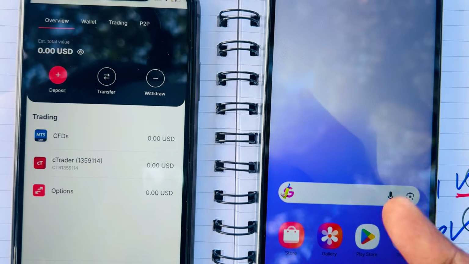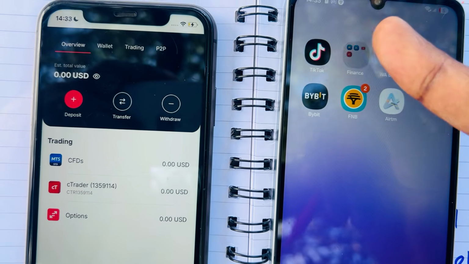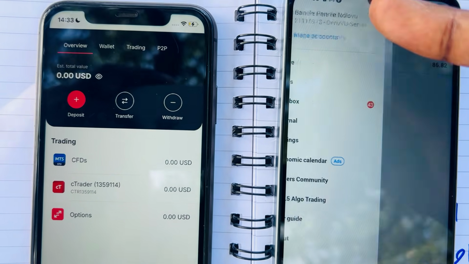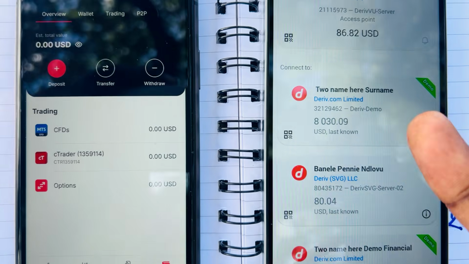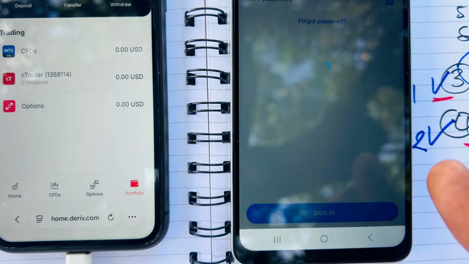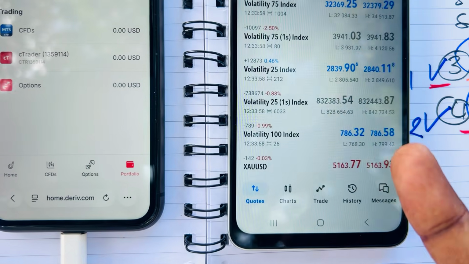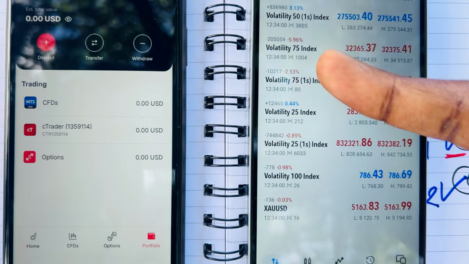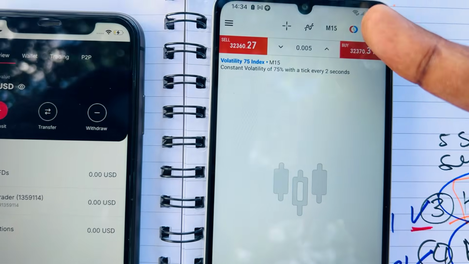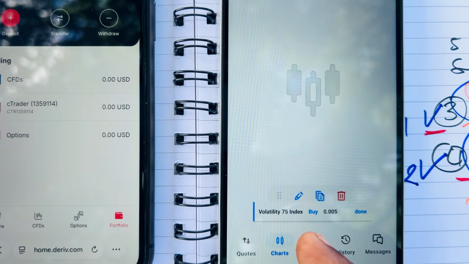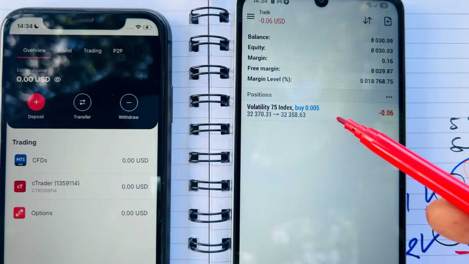And for me, I started using a demo account, practicing buying and selling using MetaTrader 5. There are some accounts that I was using here for teaching and buying and selling. If you have questions, you ask me. There are some trades here. You can buy, you can sell, and you can go to trade. You'll be able to see and monitor.